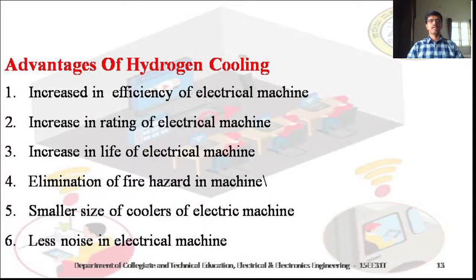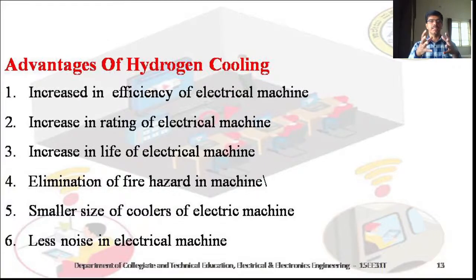And what are the advantages of using this type of cooling? Hydrogen cooling will increase the efficiency of the machine by about 1%, and it also increases the rating of the machine.